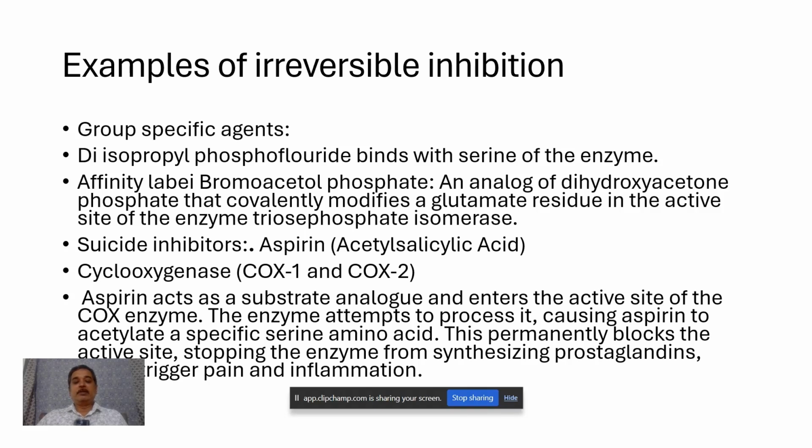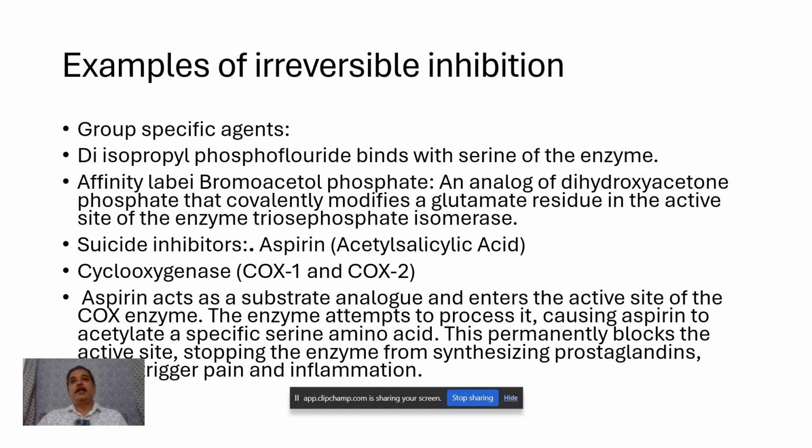This permanently blocks the active site, stopping the enzyme from synthesizing prostaglandins, which trigger pain and inflammation. So aspirin is a suicide inhibitor for the enzyme cyclooxygenase. It first reacts with the cyclooxygenase and gets destroyed. So these are several examples of irreversible inhibition.